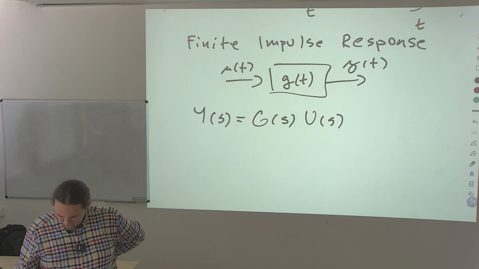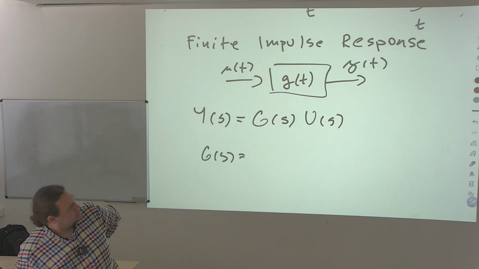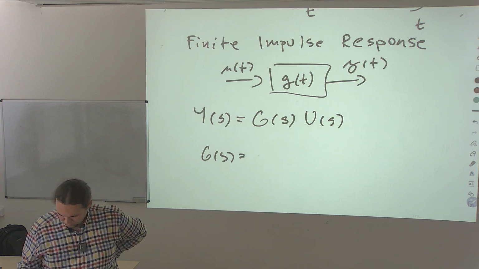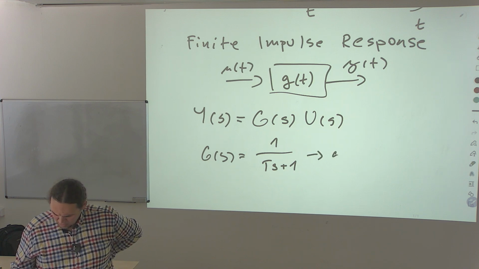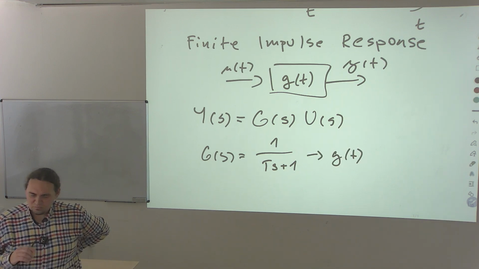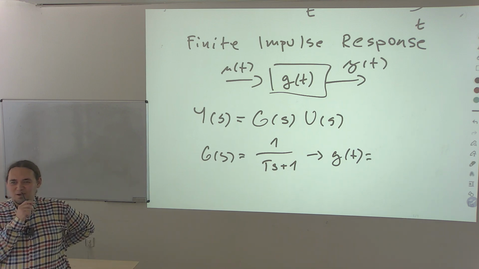So if our G of s would be, which one? Let's just do the simplest possible thing. How is this function gonna look like in the time domain?